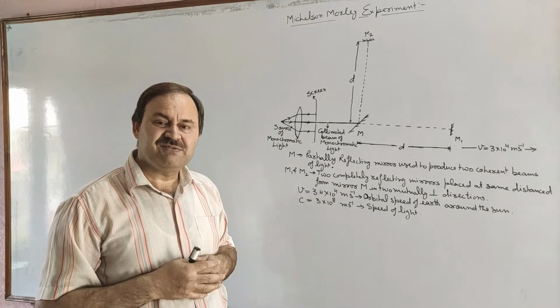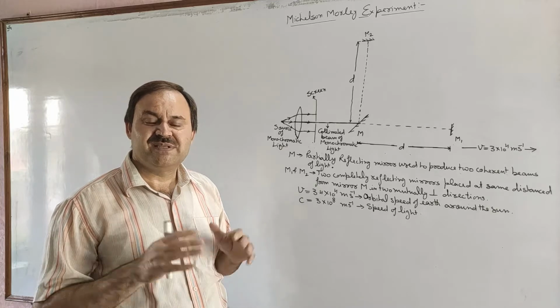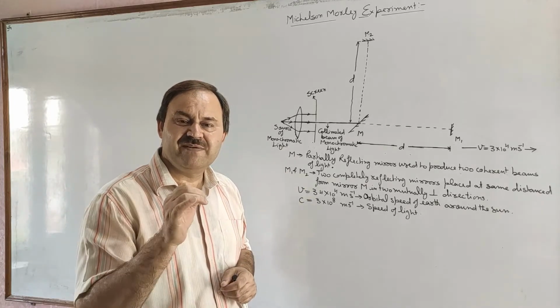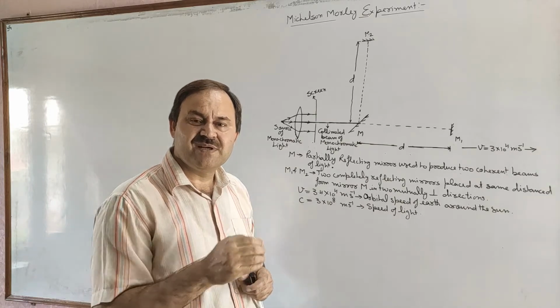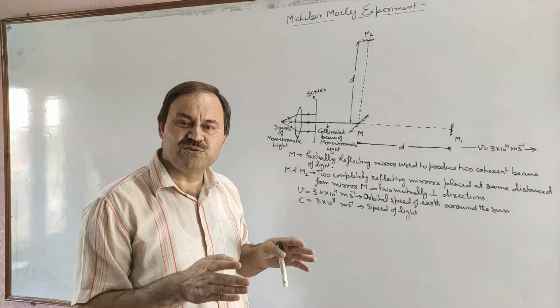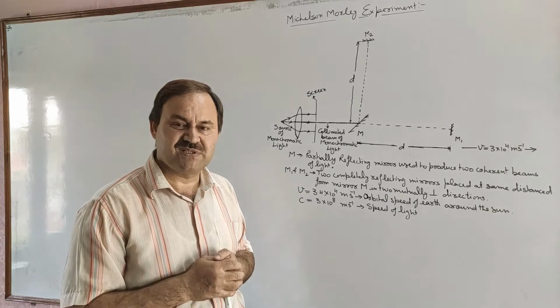This experiment used an interferometer, a device capable of detecting even a slight shift in the interference fringes formed due to the superposition of two coherent beams.